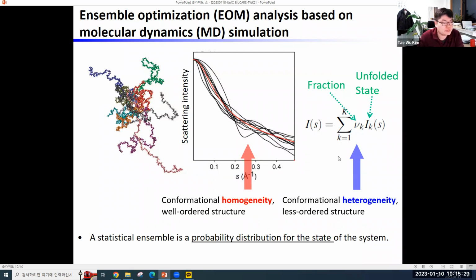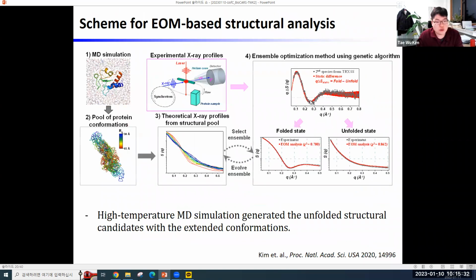We use this layout for the analysis of our collected scattering data. First, high-temperature MD simulation. From that, we generate various unfolded structure candidates like this. This structure is an example of a very extended protein conformation, and the MD simulation also generates partially unfolded conformations.